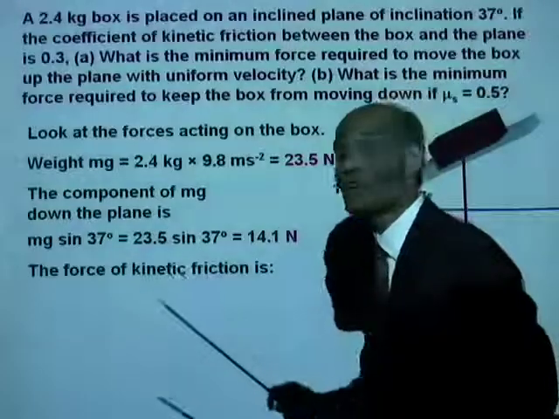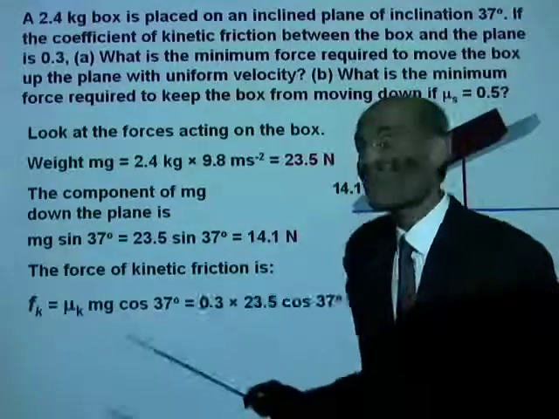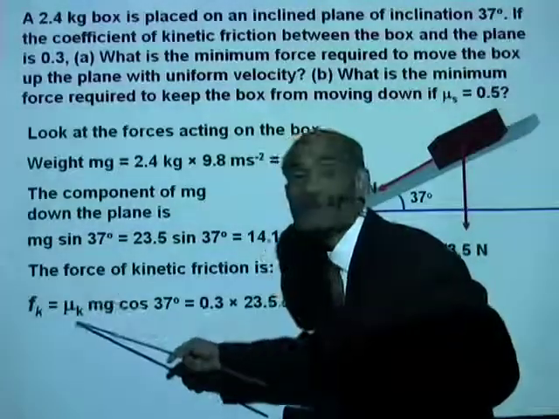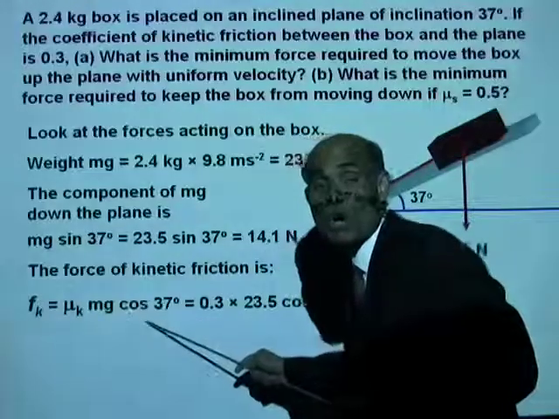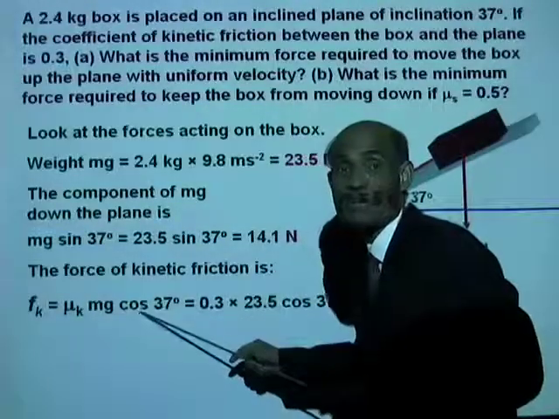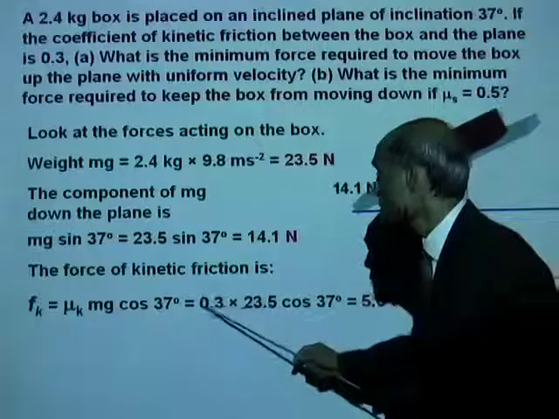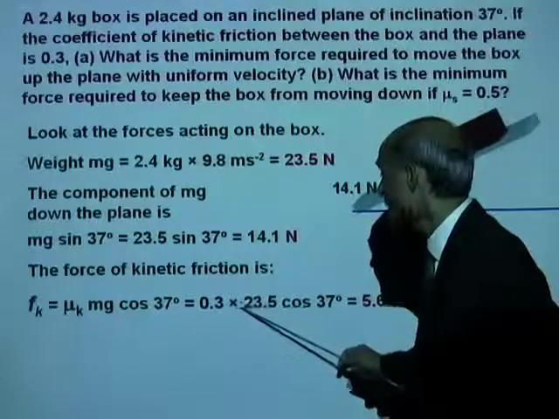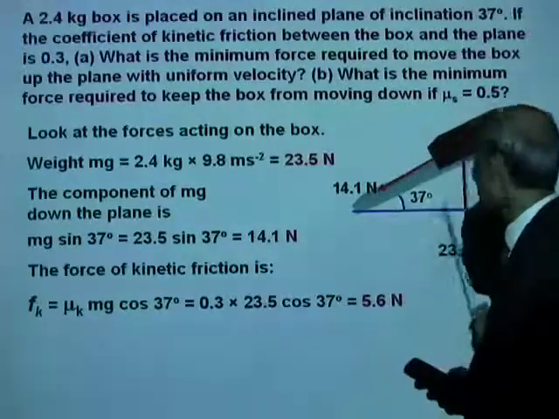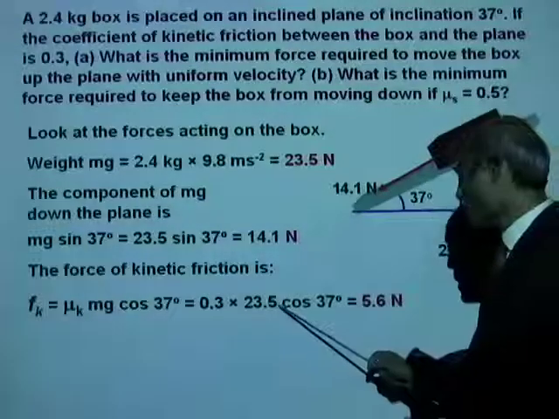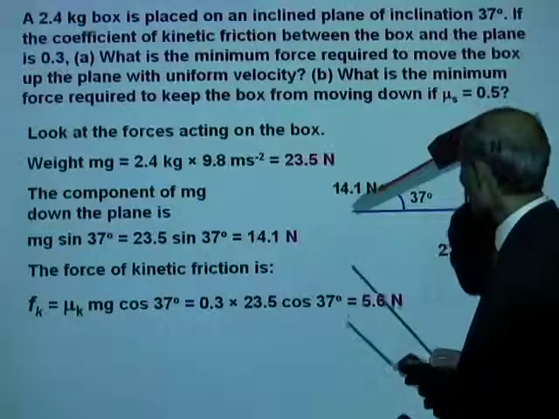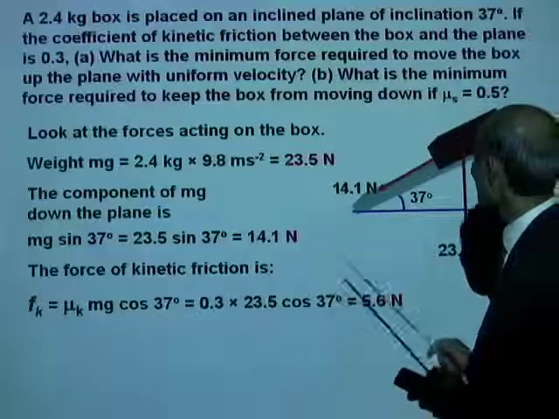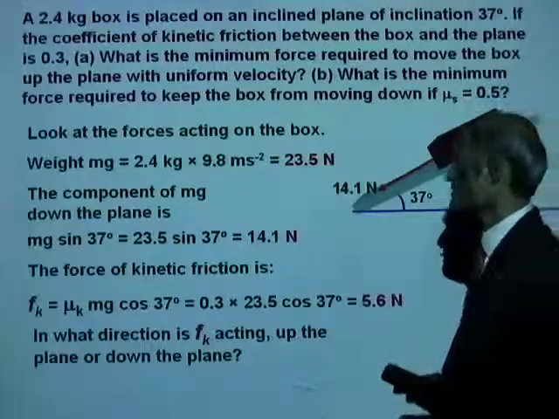So the force of kinetic friction will be Fk equal to mu k mg cos 37 degrees, which is mu k is 0.3, mg is 23.5, we know that, times cos 37, and that is 5.6 Newton.